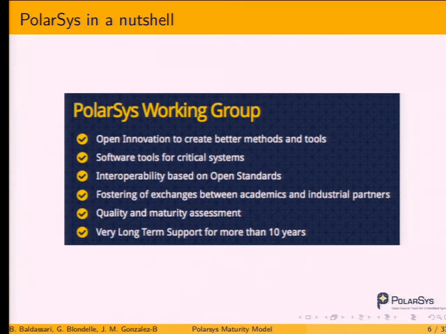Also, the very long-term support is the idea that we use open source tools to create embedded systems for space applications like satellites, or aircraft or telecommunication infrastructure, and those embedded systems have a life cycle of 20 to 30 to 40 years sometimes.